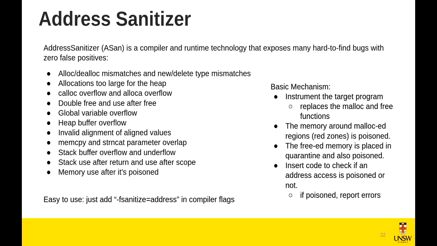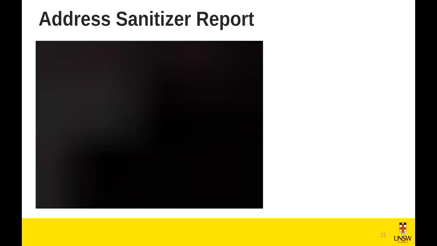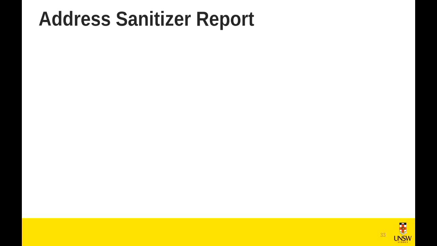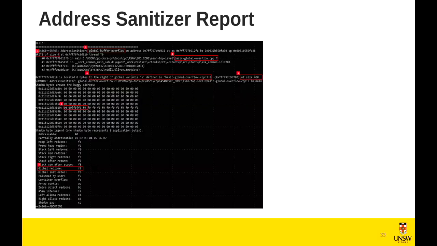And address sanitizer is very, very easy to use. We just need to add a compiler flag during compilation, and then we can use it. So this is a report. Just now we mentioned that it will report an error whenever the program tries to access memory in the red zone. In this report, you can see some highlighted parts.